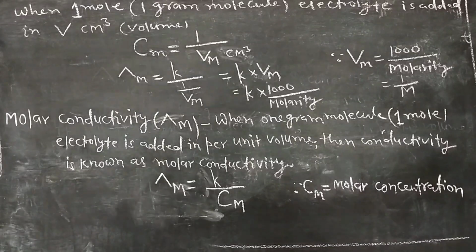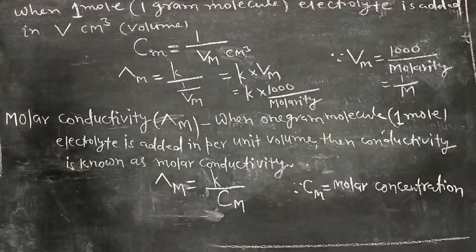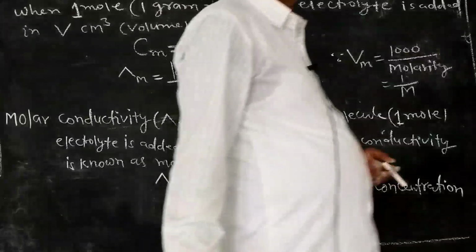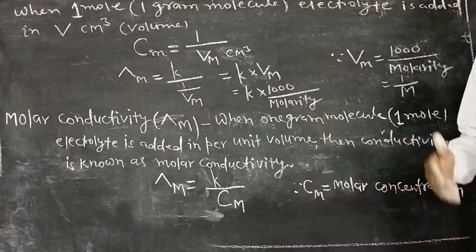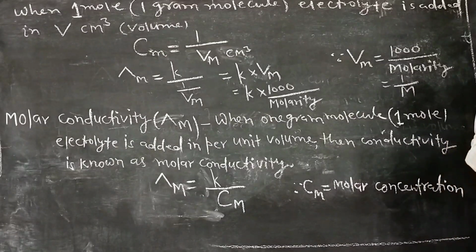Now next term, how specific conductivity is determined. First of all, we will study how to determine, to calculate, to check the resistance of electrolyte or electrolytic solution.